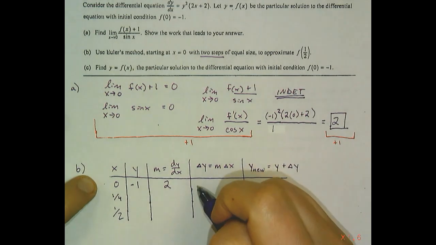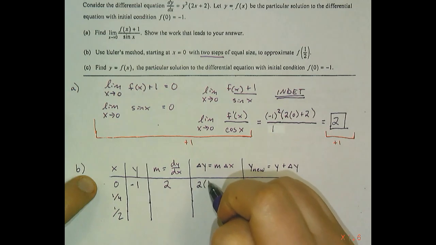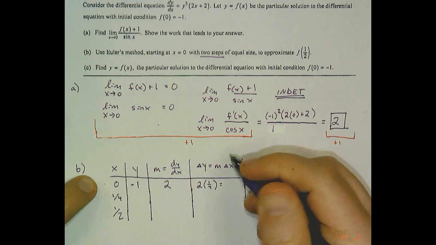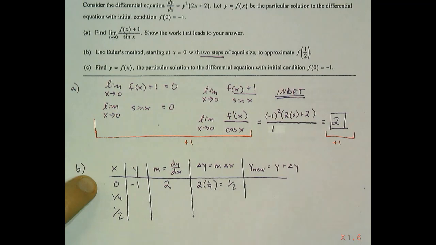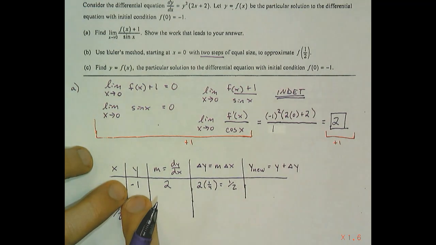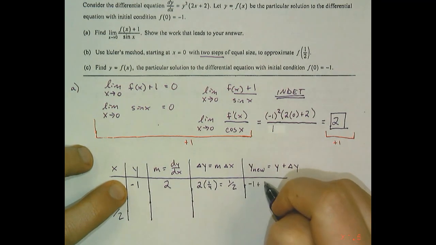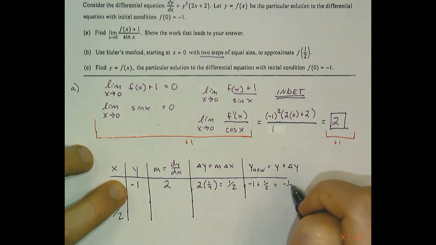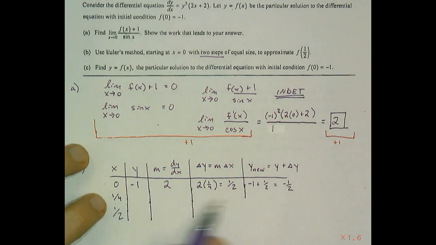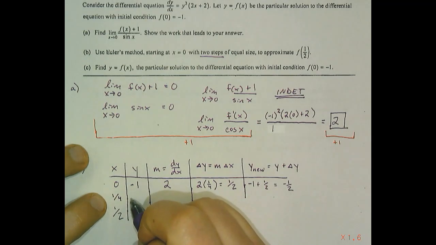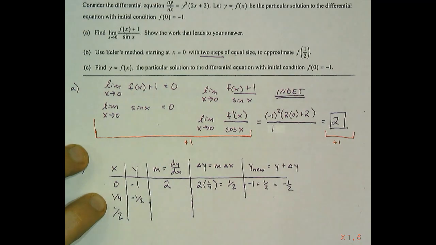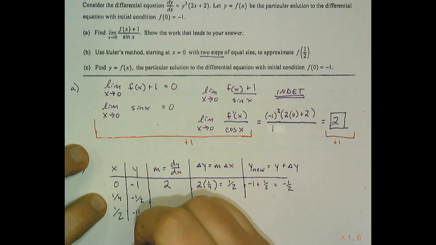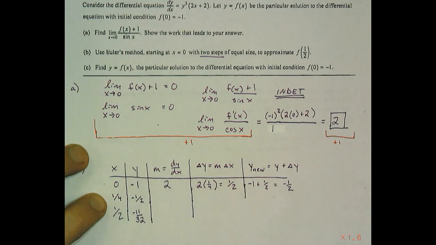Slope times delta x, 2 times 1/4, is equal to 1/2. And our new y value would be -1 plus 1/2 equals -1/2. That y value carries down to this line, -1/2. You would repeat the process going across this line, and you would arrive at an answer of -11/32.